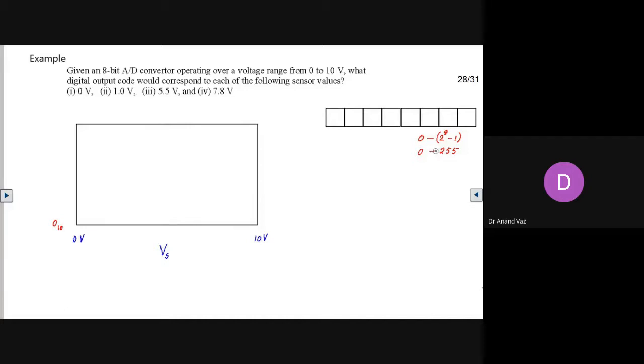So you can go from 0 to 255. When it is 0, you have a bit pattern of 0, 0, 0, 0, 0, 0, 0, 0, and when everything is 1, you have 1, 1, 1, 1, 1, 1, 1, 1. So the lower part, let's say, is 0, and here we have 255.